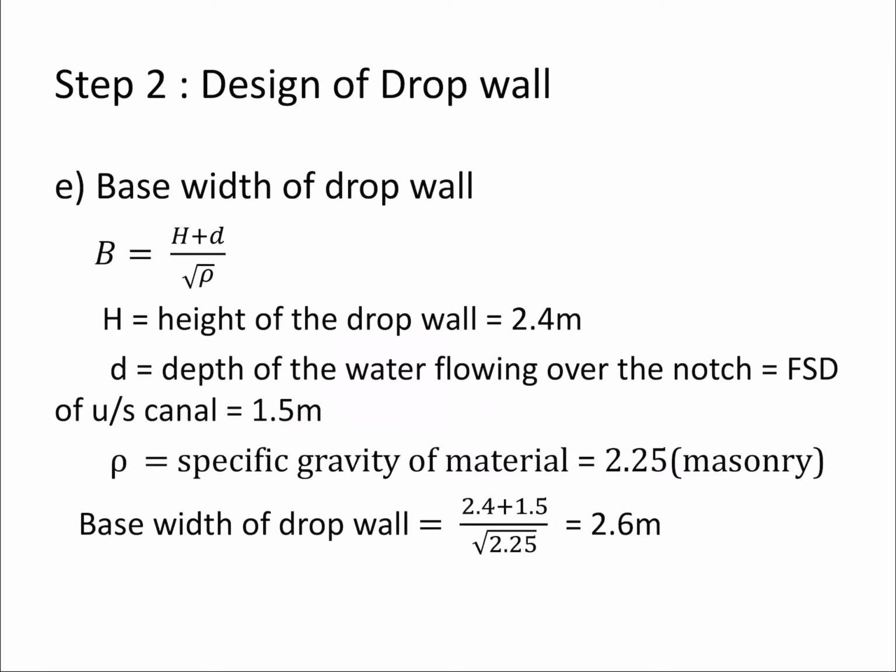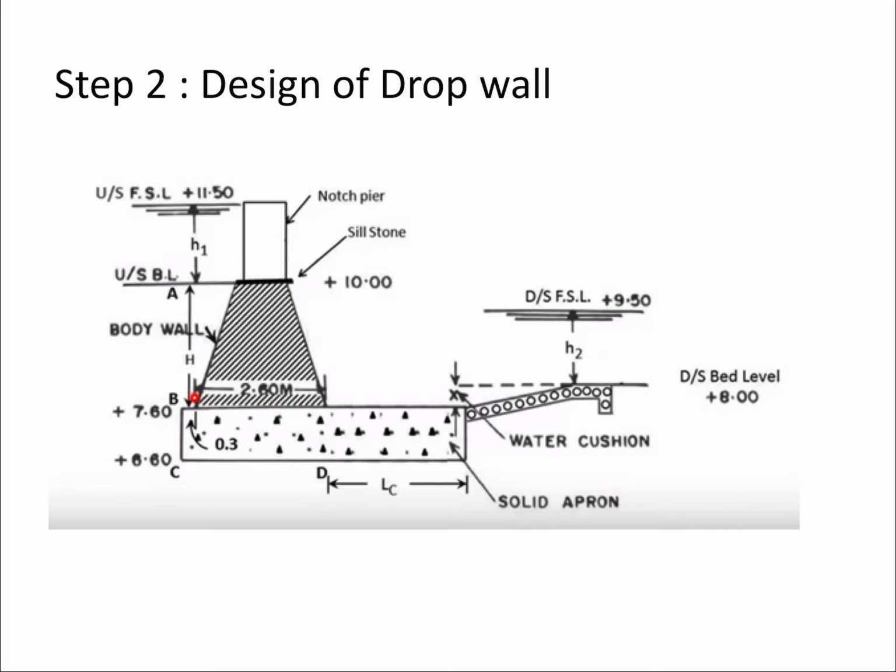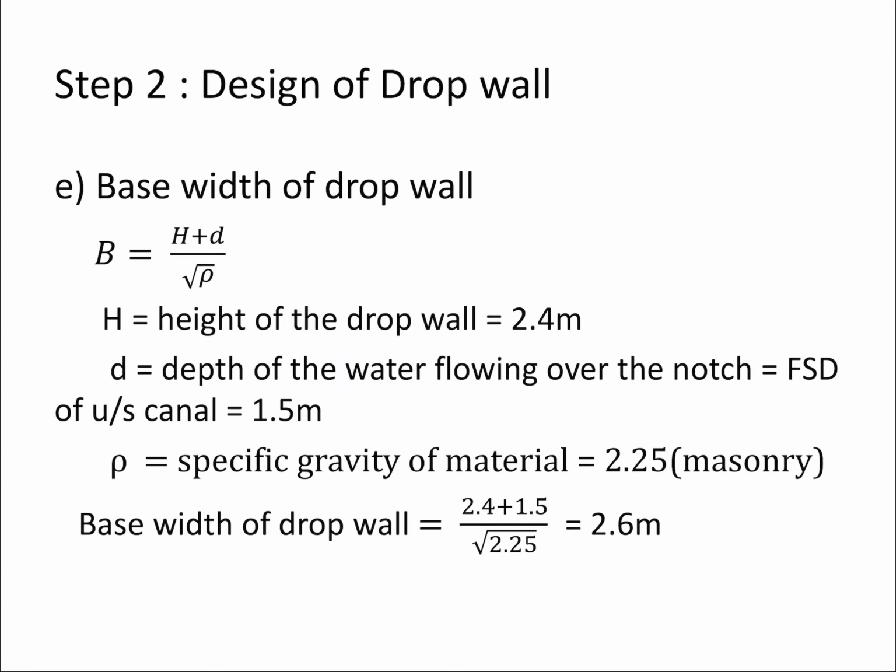Here we are using masonry construction, so 2.25. Substituting, we will get the base width of the drop wall as 2.6 meter. This is the base width, 2.6 meter.